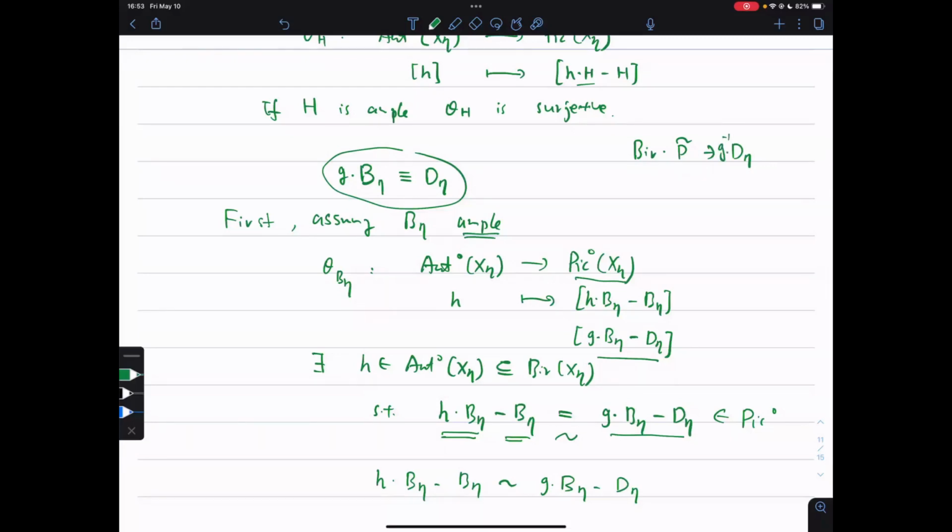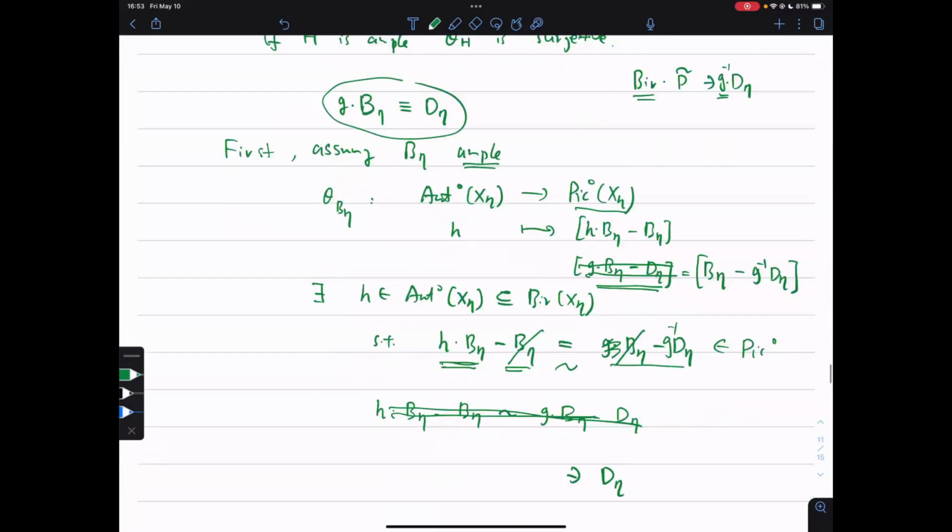That's okay, because this G we can just put here. So for this divisor, I consider G inverse D_eta instead. And now the good news is I can cancel out this one.